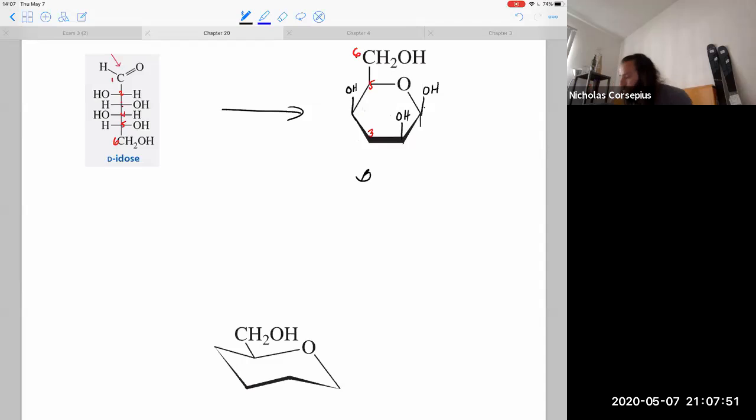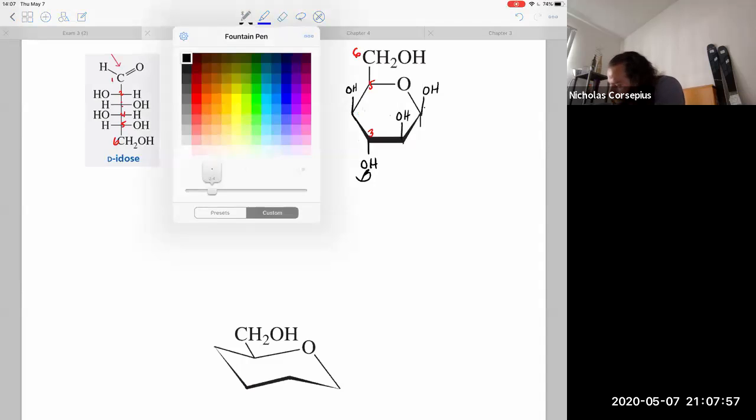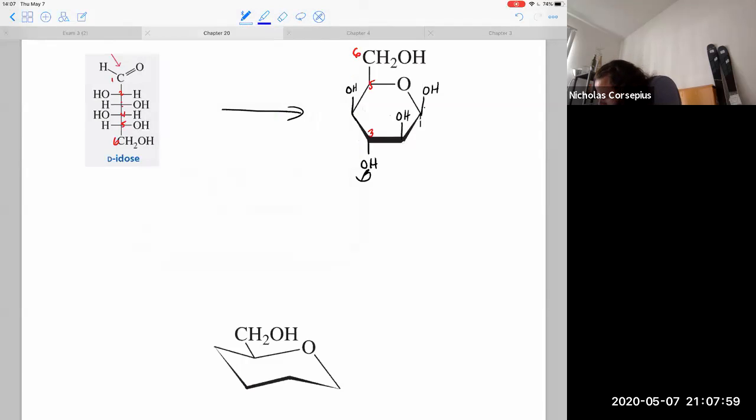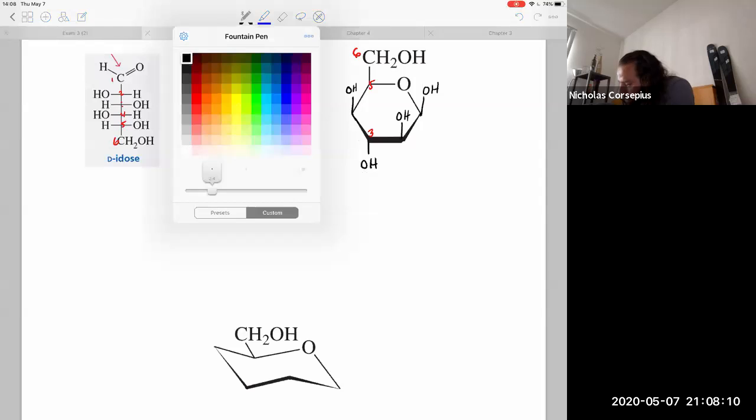On carbons 2 and 4, they're pointed up, and on carbon 3, it's pointed down. So let me clean this up. All right, but that would be the Haworth projection for the beta form.